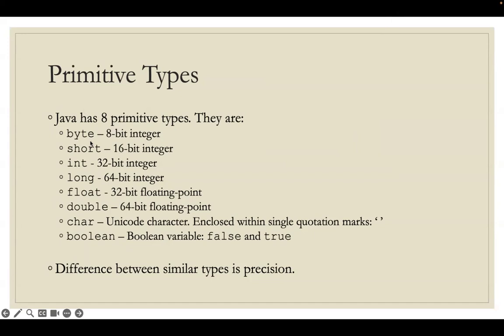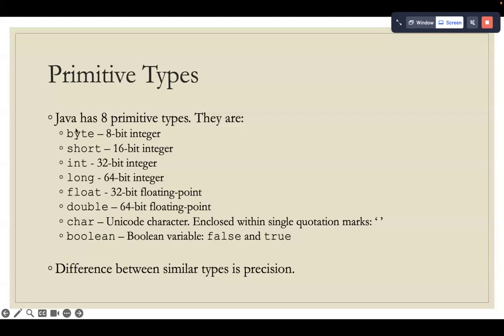There's a byte, which is an integer that's only 8 bits long. It's broken into byte, short, int, and long. Those are the integers, whole numbers. Then float and double, those are numbers with decimal points. And then there's char and Boolean.